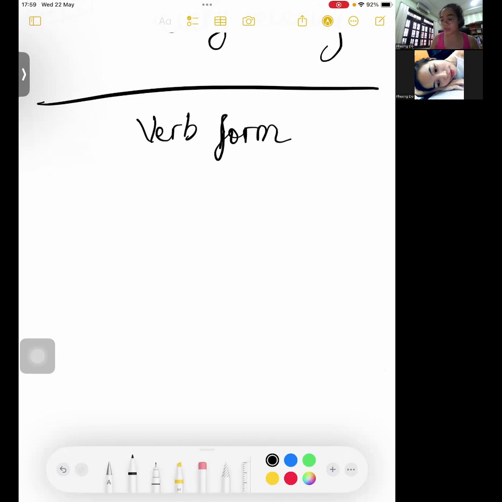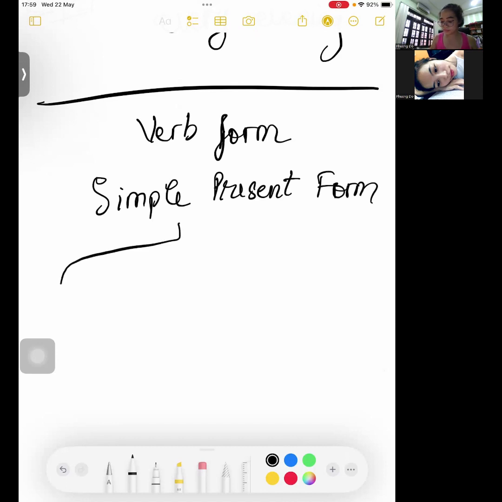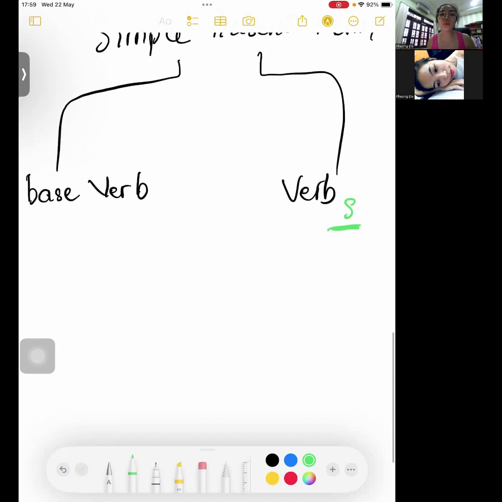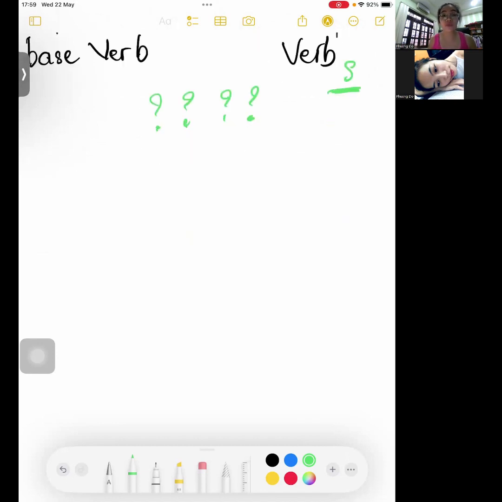Okay, the verb form in the simple present form, that is the base verb, and the verb with s. Okay, so when will we use the base verb? We use the base verb or we use the verb with s with a different subject.